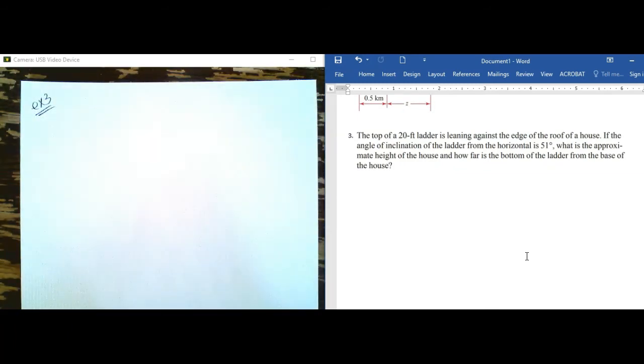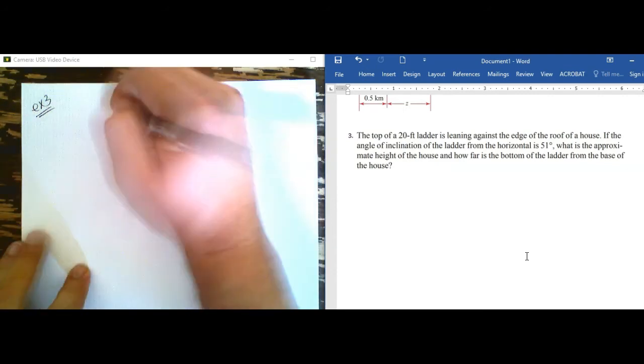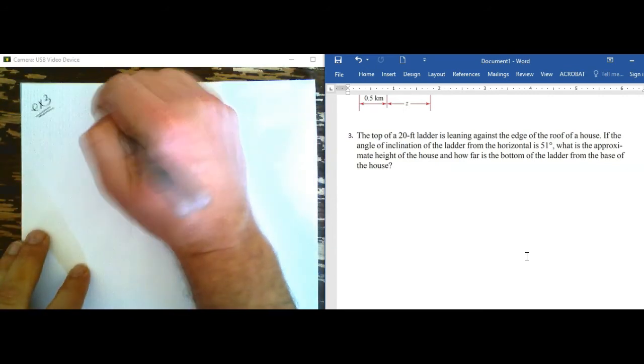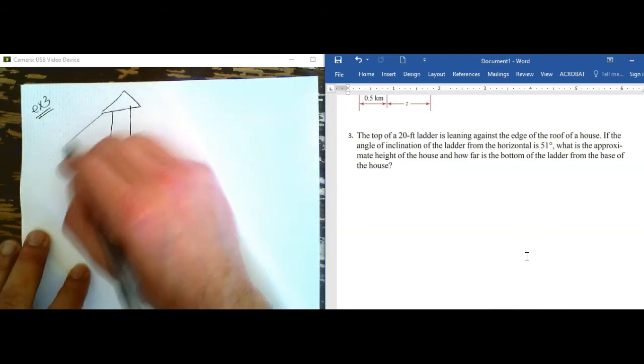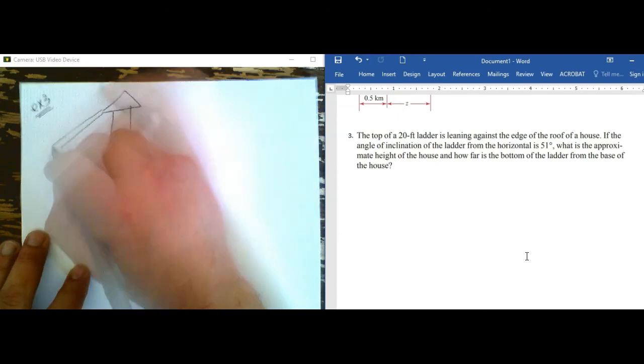So we need to get a visual on it. So here we're not given the diagram, so we need to draw one ourselves, right? So kind of envision a ladder leaning up against the house. So let's say here's our house. Nice house, right? And a ladder is leaning up against the edge of the roof. So we have the ladder leaning against the edge of the roof.